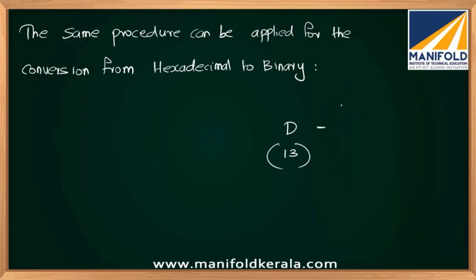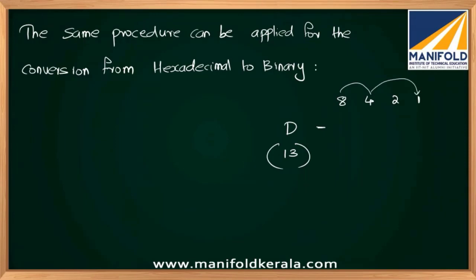So what you can do is write the positional weights here. The first position is 8, the second position is 4, the third position is 2, and then 1. Now think about a combination to get 13. 13 is nothing but 8 plus 4 plus 1.